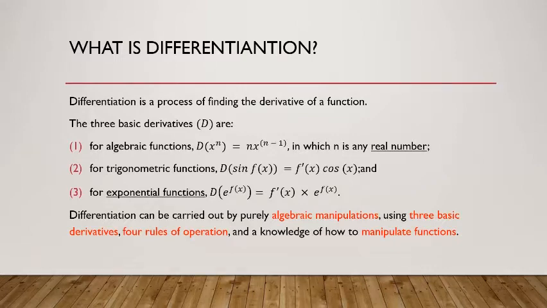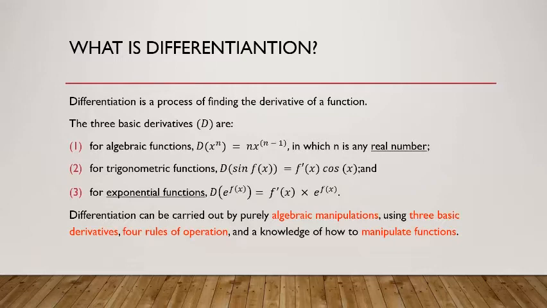For trigonometric function, d sin f(x) will become f prime(x) cos f(x). And lastly, for exponential function, d e to the power of f(x) will become f prime(x) times e to the power of f(x).